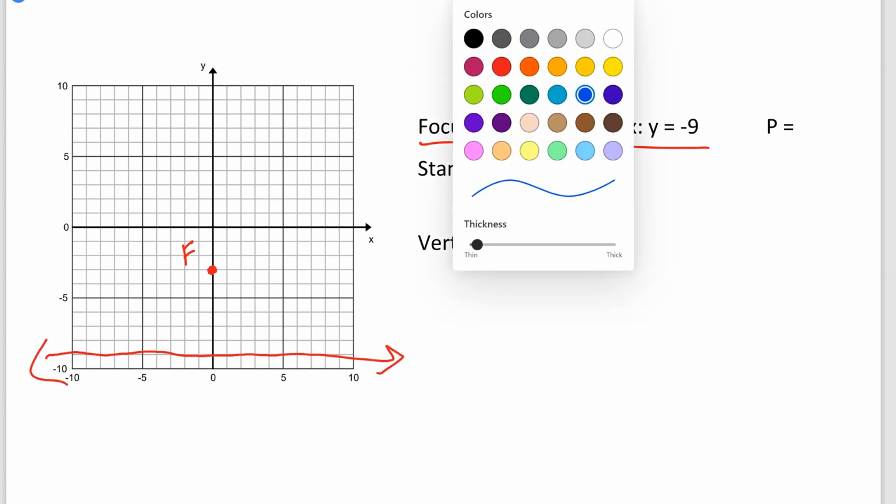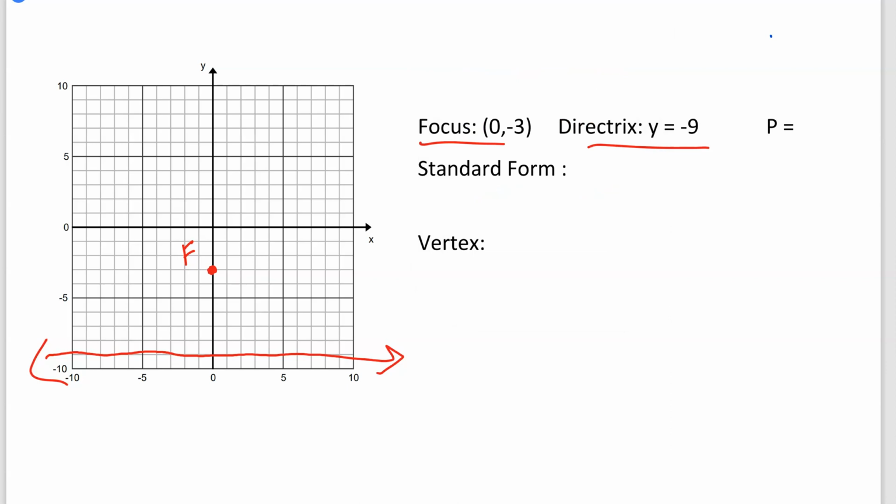That means the parabola must be going like this, and the focus is always on the inside. This distance is 6 between there, so if I put the vertex right here, that would make that distance 3, and that would work out just fine.